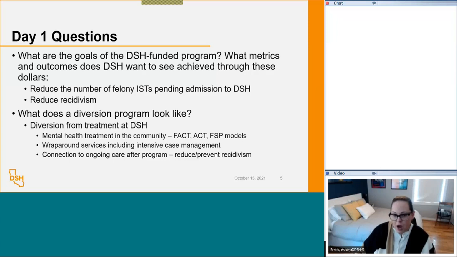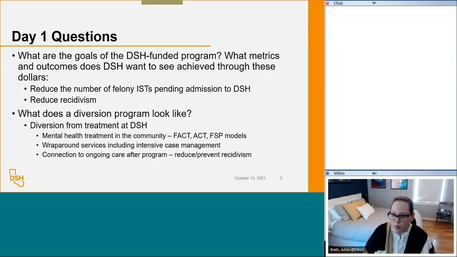and bring those numbers down. But some other goals of this, some of the other outcomes that we will be tracking, and this is where some of the data collection parts of this program come in, is we do really want to use this program to demonstrate how in the state we can break the cycle of criminalization that these individuals are finding themselves in. So we want to, in broad terms, reduce recidivism, but that can mean a lot of different things, right?